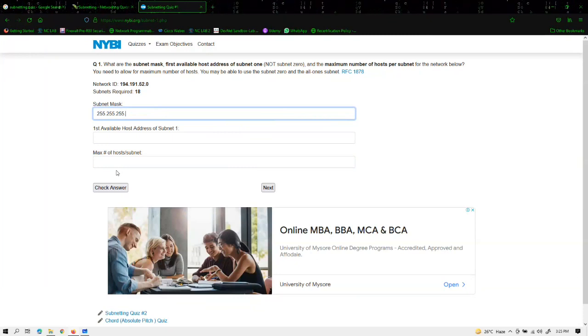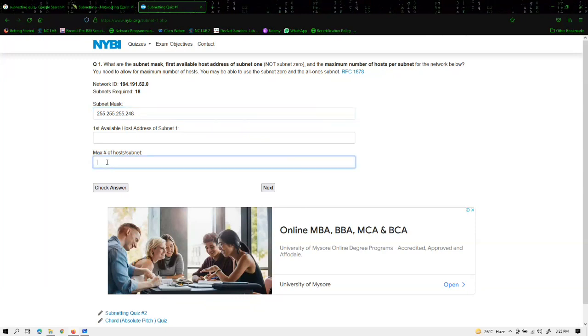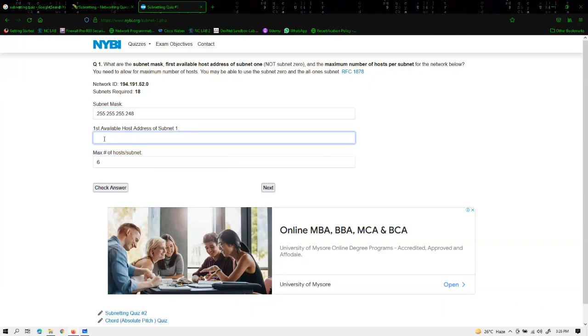Here we have 18 subnets, right? So we need to make how many bits 1? 5 bits will be 1. It will be 248, right? Yes. And it will be 2 to the power 3 minus 2, which is 6, because 3 host bits will be available. First available host in subnet 0.